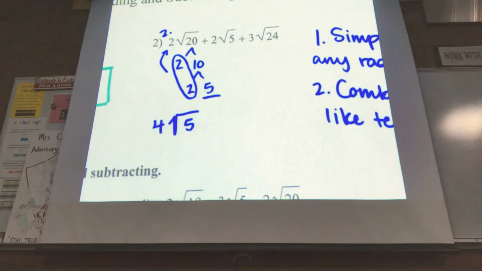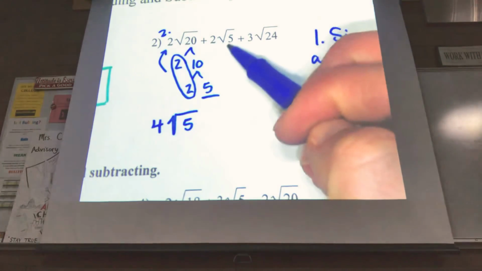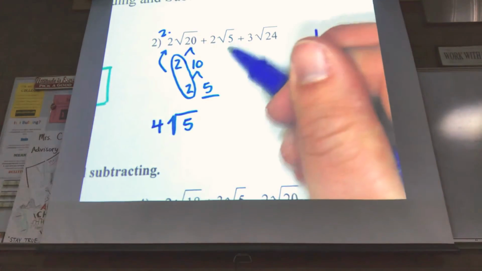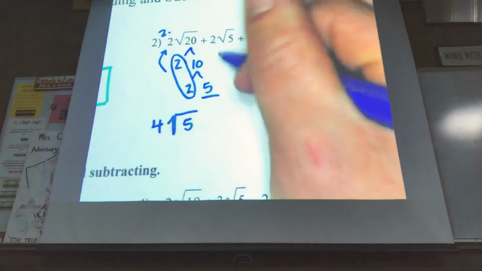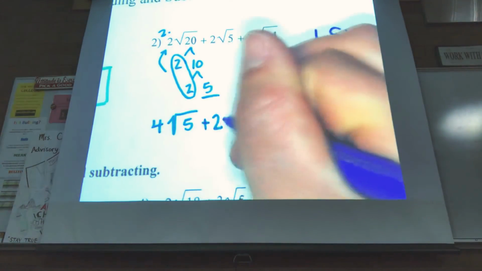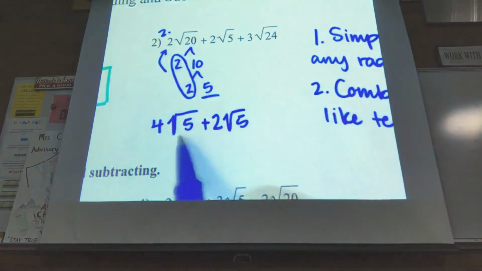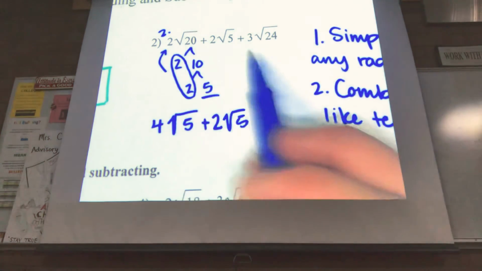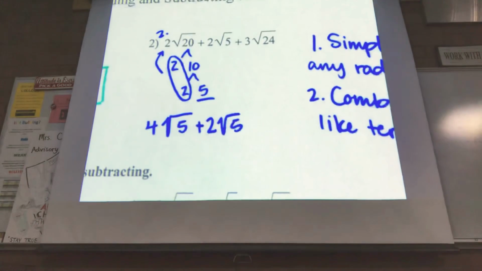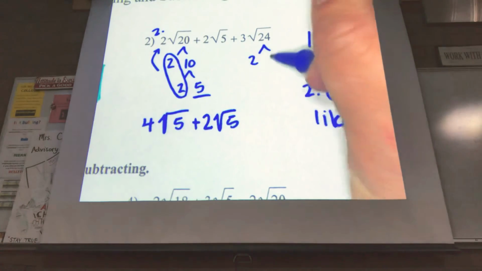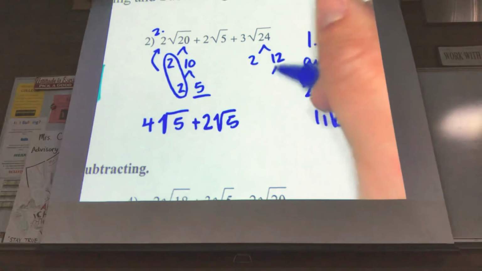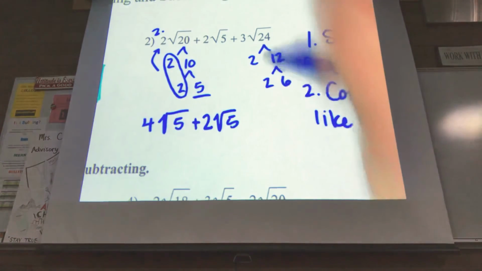Okay? Next term, root 5. The only 2 factors of 5 are 1 and 5, so that one is as simplified as it'll go. Let's just bring it down. Plus 2 root 5. You can already start to see that these are like terms, but let's finish simplifying first. Okay? 24 can be divided by 2. That will be a 12. 2 times 12. 12, 2 times 6.